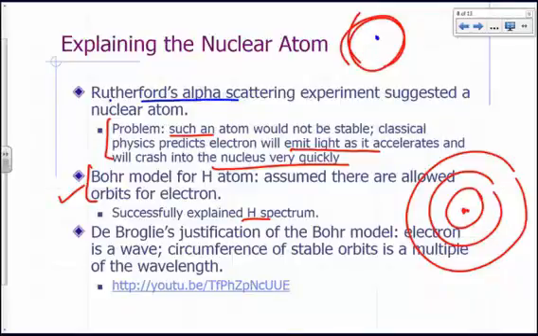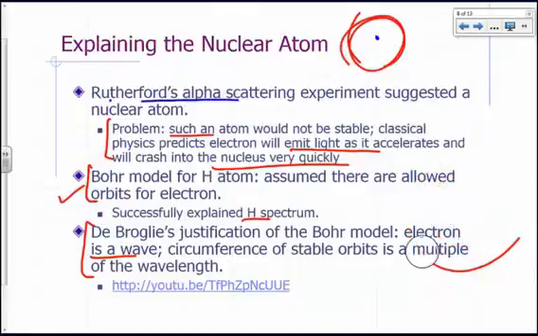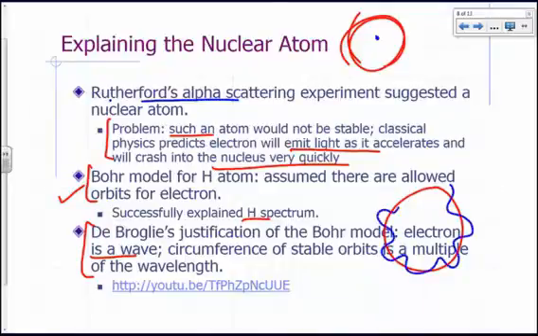Now, de Broglie was able to make a justification, sort of, for the Bohr model by proposing that the electron is a wave. The justification for those stable orbits was to say that if you have one orbit that's allowed, then it must be because the circumference of that orbit is a multiple of the wavelength of the electron.